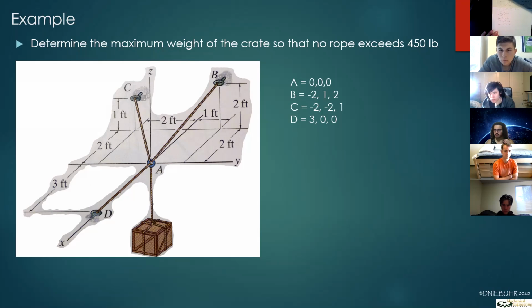So now if I did the same thing over here, I'm not going to go through each step, but I would get lambda CA equal to negative 2/3 I minus 2/3 J plus 1/3 K. And lambda DA is just equal to I.